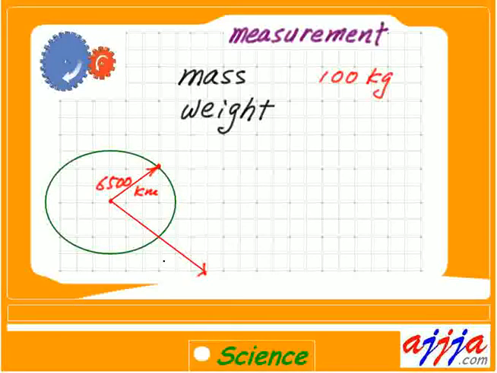So let's say somebody's in the air, twice as far away from the center, which is 13,000 kilometers away.